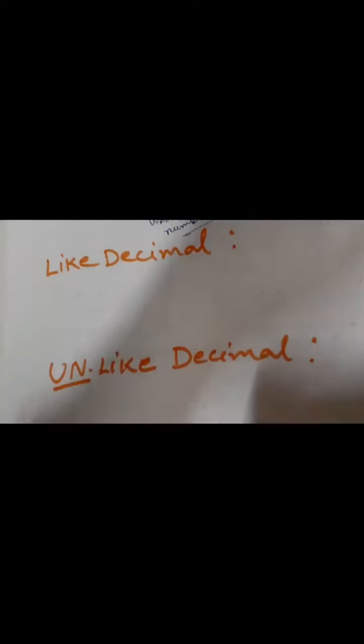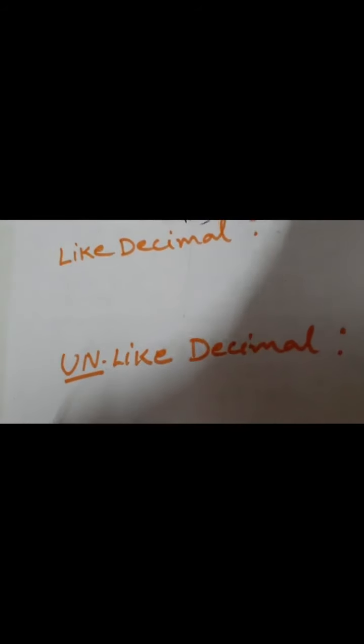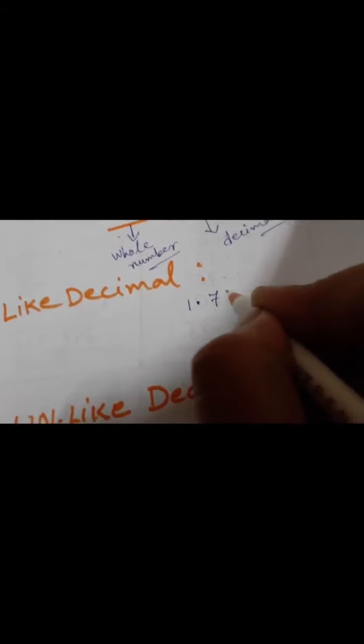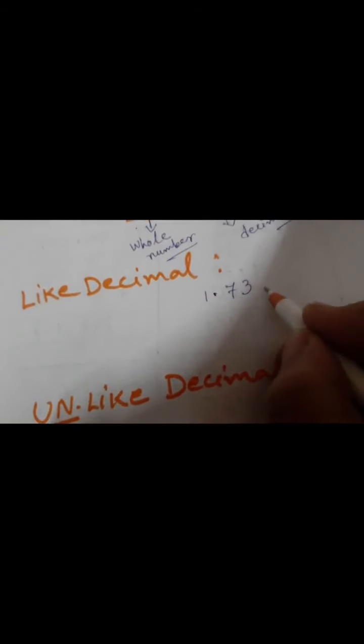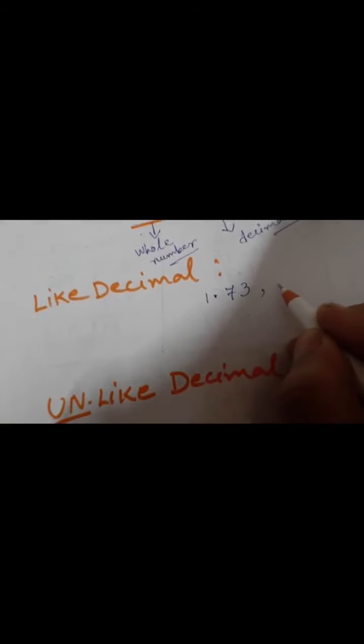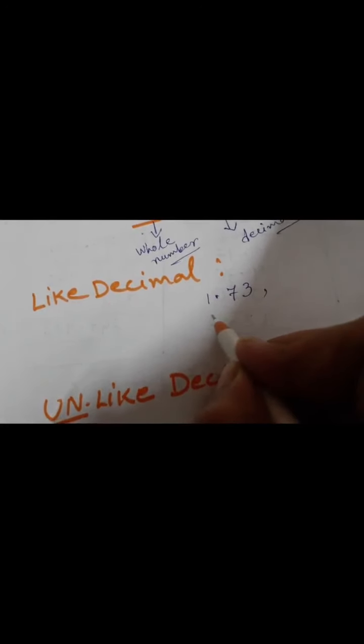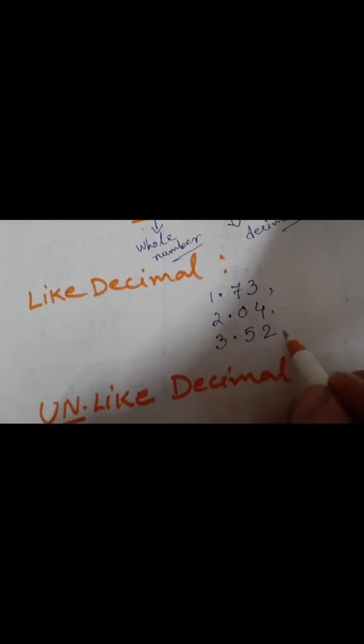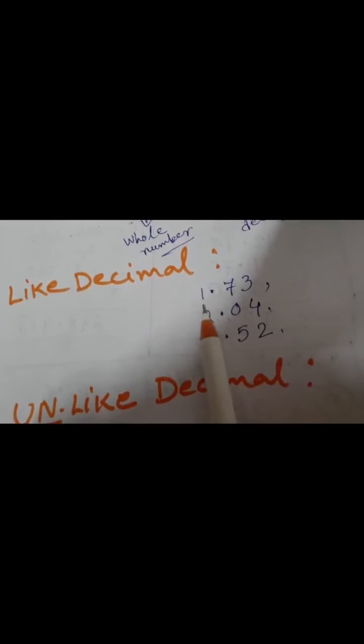Now if I give some examples, students, you can understand this very easily. For like decimals, we can give examples. Suppose 1.73 is a decimal number. One more example, suppose 2.04, 3.52. Now see here, this 1, 2, 3 is the whole number.